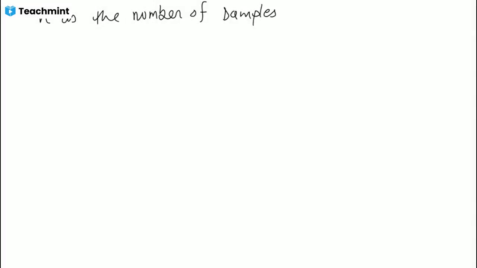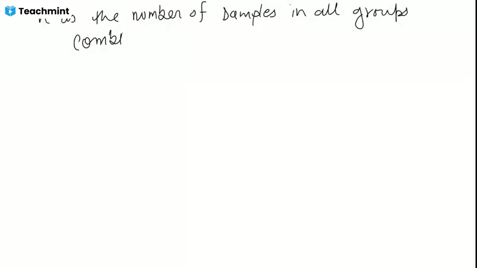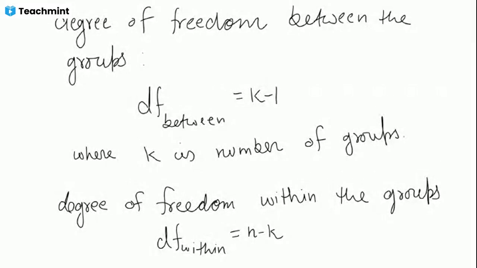Here n is the number of samples in all groups combined. k is already defined, the number of groups. So we have n minus k.